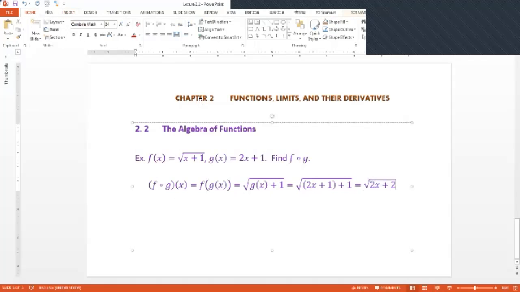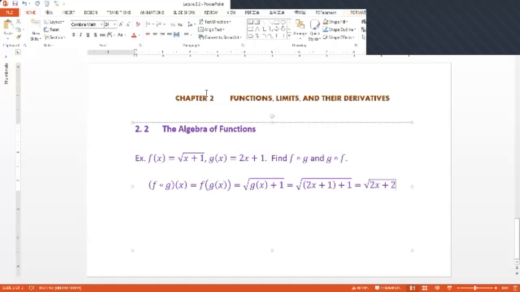And we can also do the same way for g compose f. So why don't we just do g compose f? Then you're going to see what happens. So this time we're going to do g compose f.